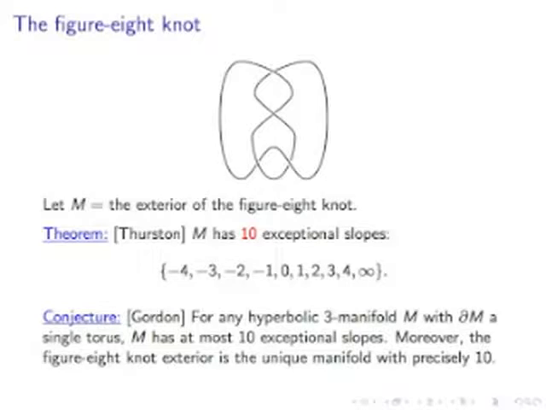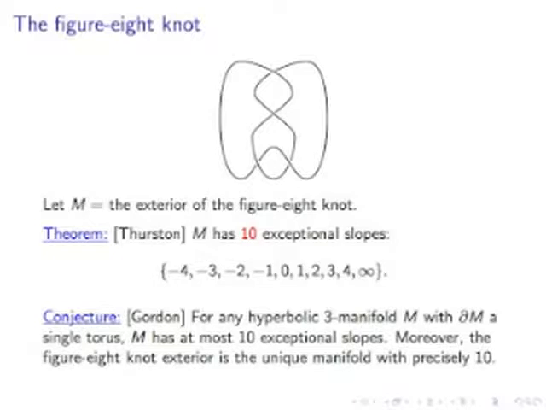The way he proved this was he took his proof of his Dehn surgery theorem and applied it in this specific case, and he could see that outside this set of 10 slopes you could get a hyperbolic structure. And he could also show that for these 10 precise manifolds they don't have a hyperbolic structure. So that gave that particular result.